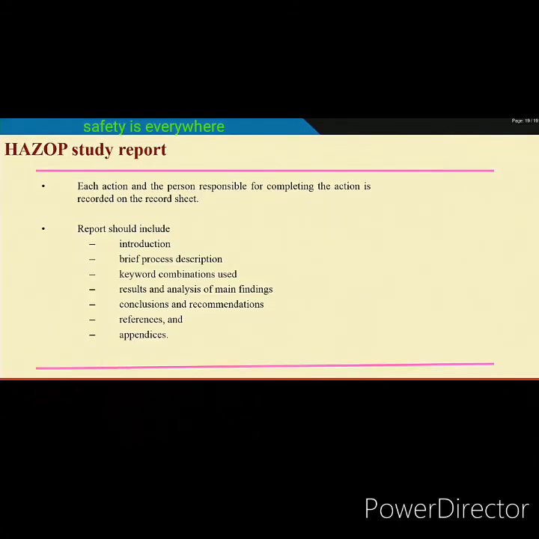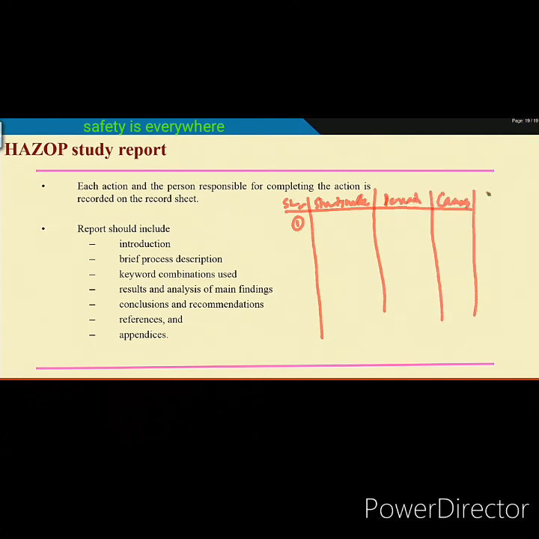Once you have all those things, you are required to document. I think it will be better if we say serial number 1, then study node, then how many deviations you are getting, then what are the causes, what are the consequences, and then what are the actions. At least this much you must have.